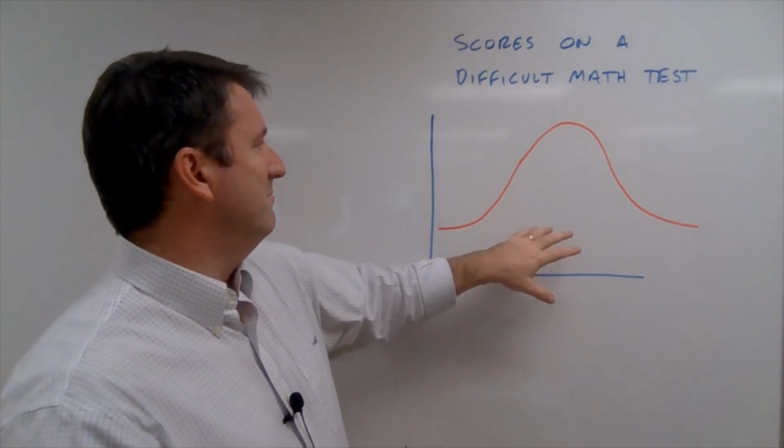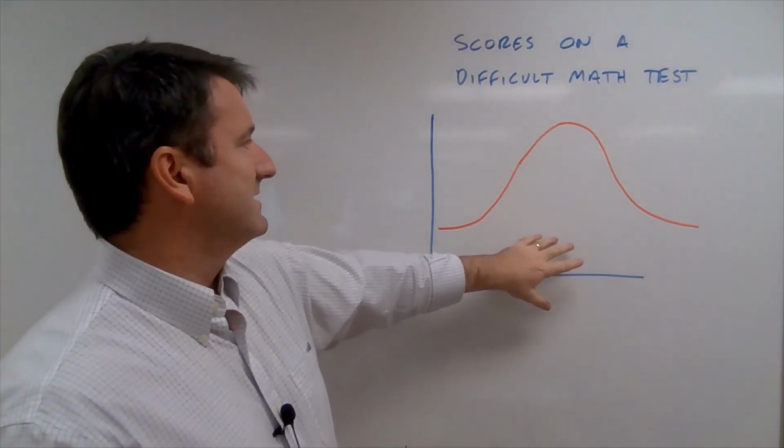So I would expect a moderate variance and a symmetric graph.